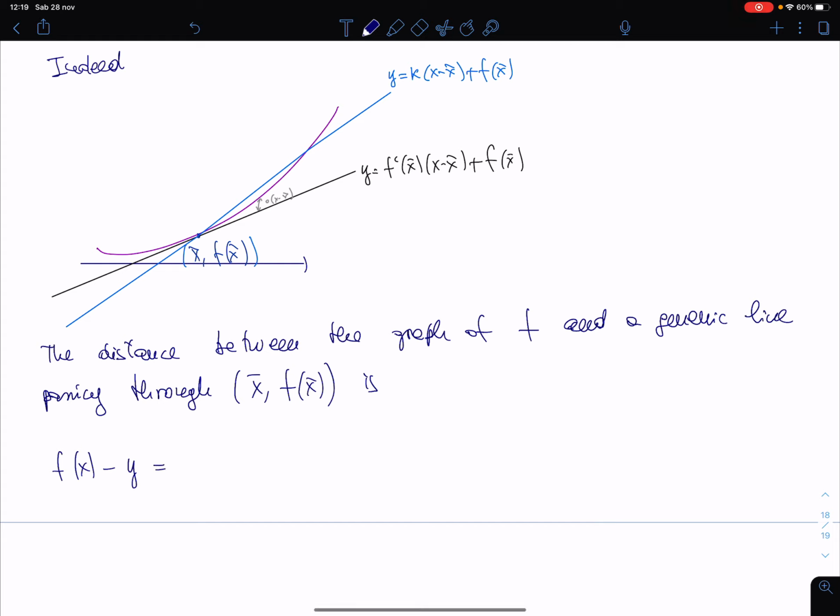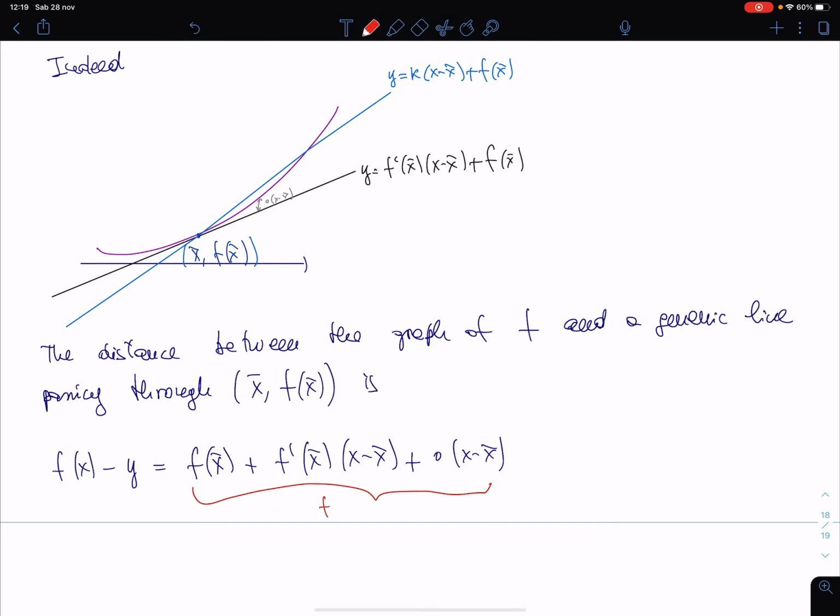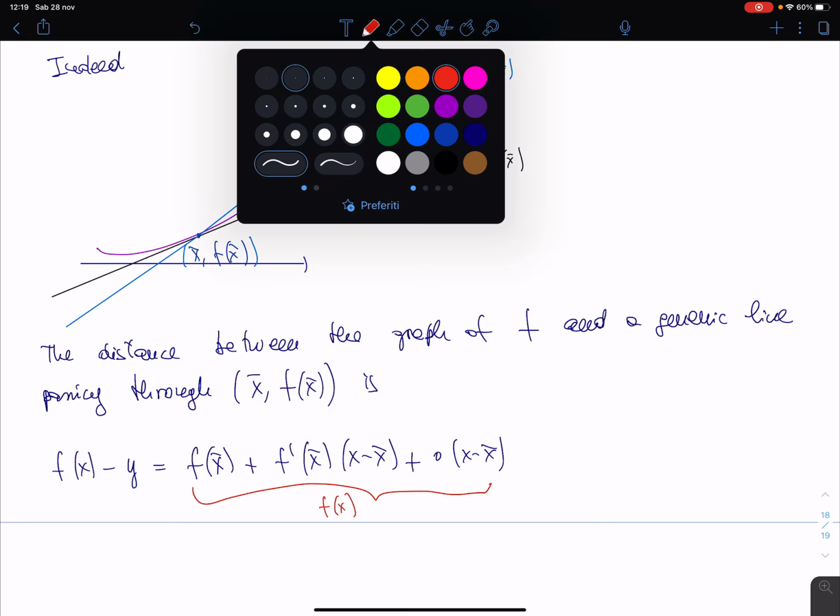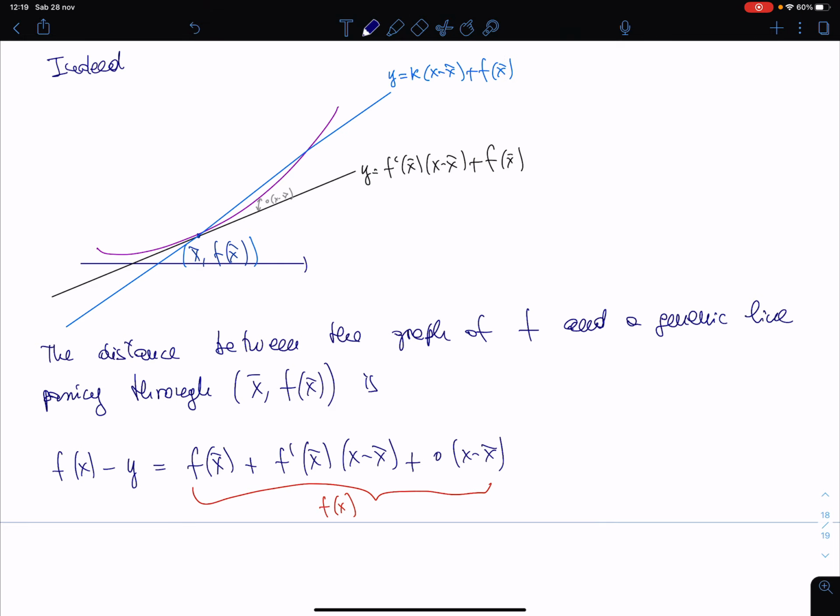For f of x again we have f of x bar plus f prime of x bar times x minus x bar, plus little o of x minus x bar, and this again is f of x. And here we have minus k times x minus x bar, plus f of x bar.